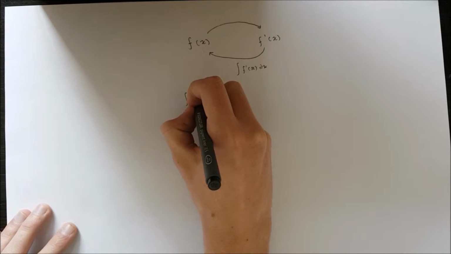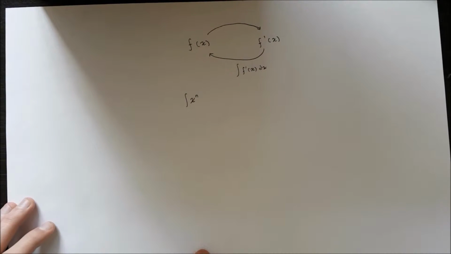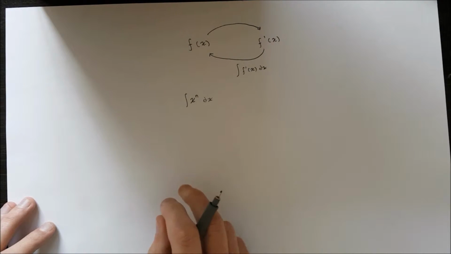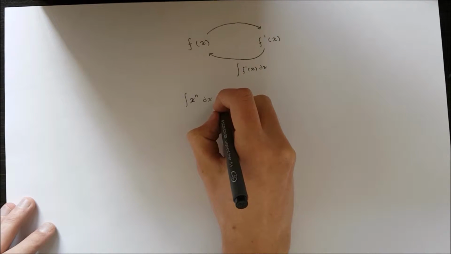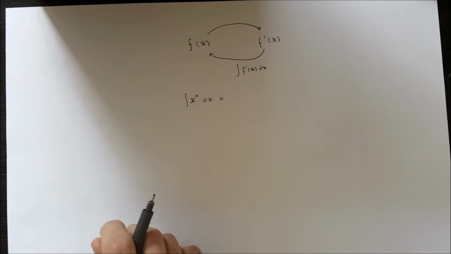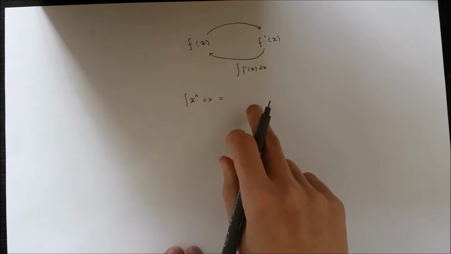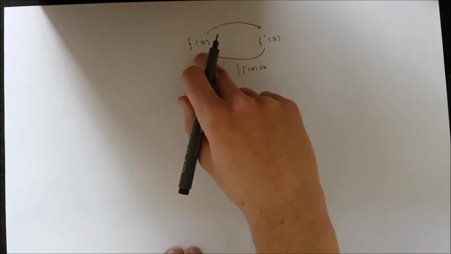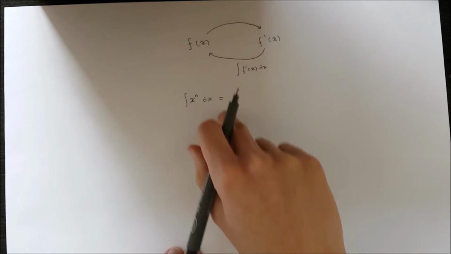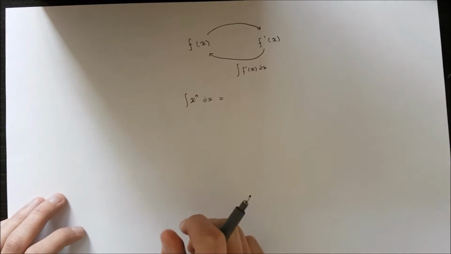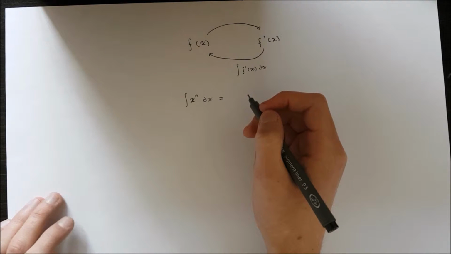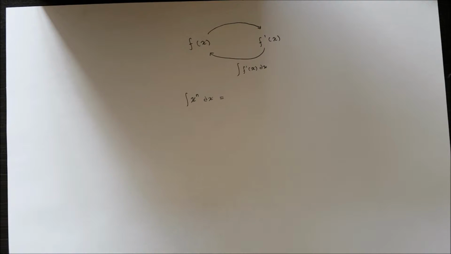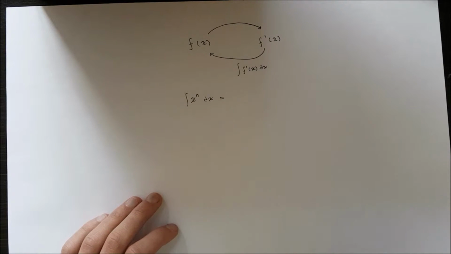So if you have a function x to the power of n, you always have to write dx because we're integrating with respect to x. We have to find a new function that, if we find the derivative of it, we're gonna get this, right? What do we know from differentiation? That the exponent always goes down one. So what do you think is going to happen with integration?